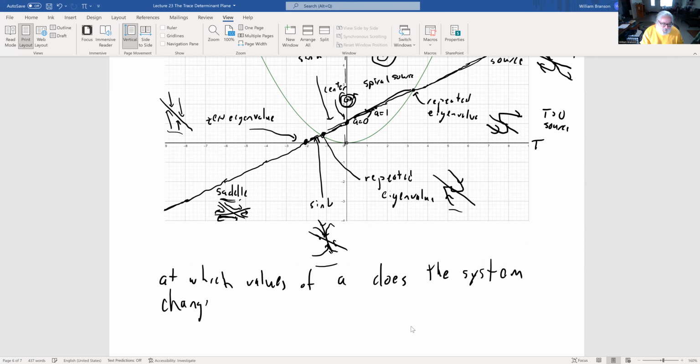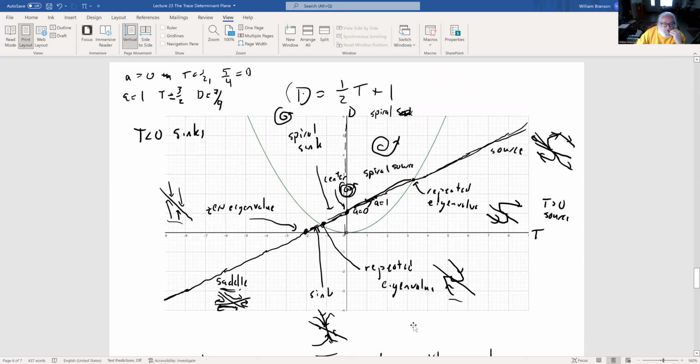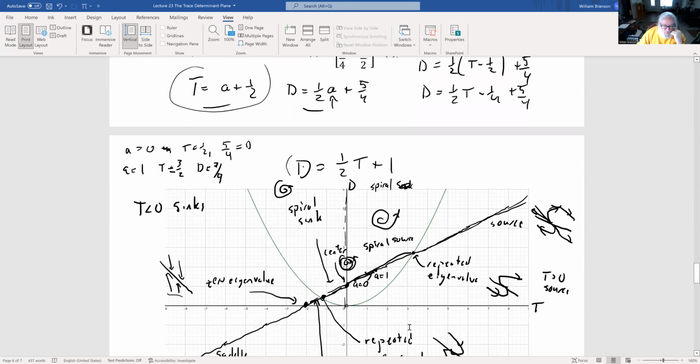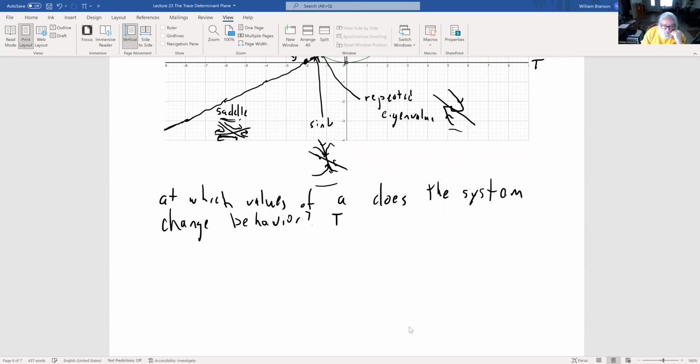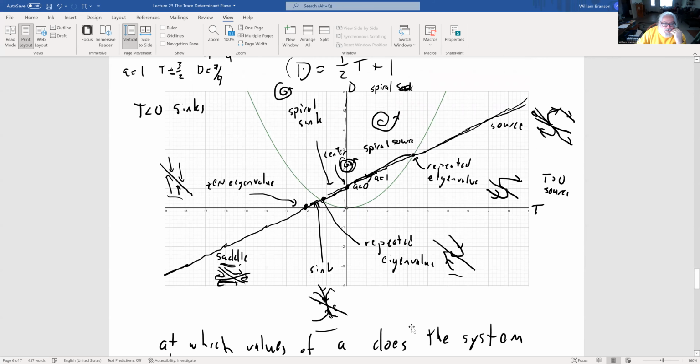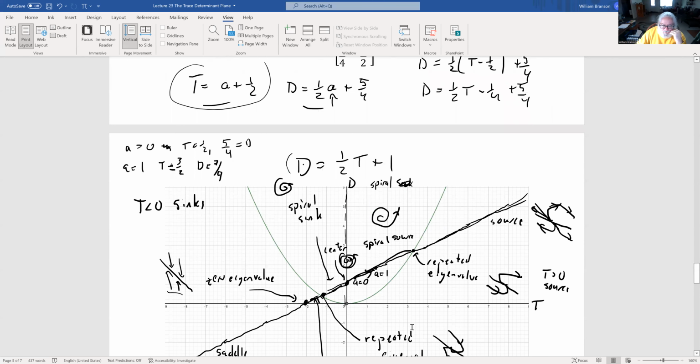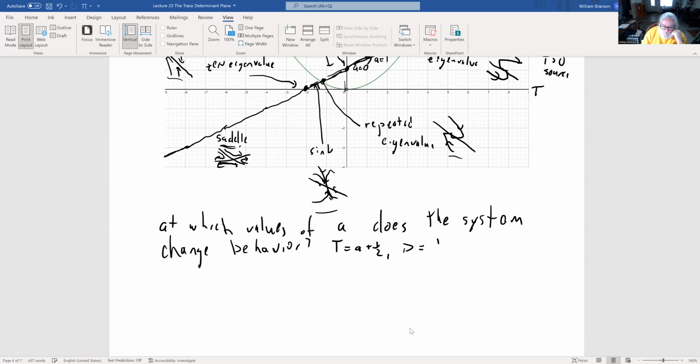So what we're interested in is at what values of A does the system change behavior, right? And so our equations are t equals A plus 1/2 and D equals 1/2 A plus 5/4. So the first place we want to look at is where do we have the 0 eigenvalue?